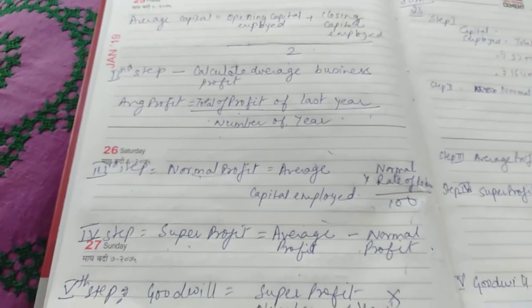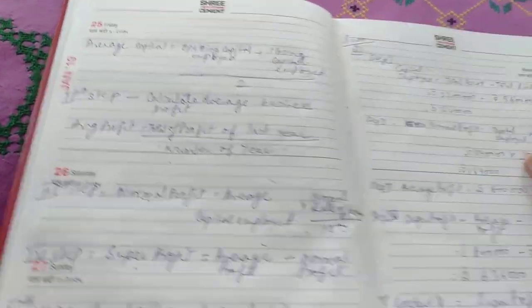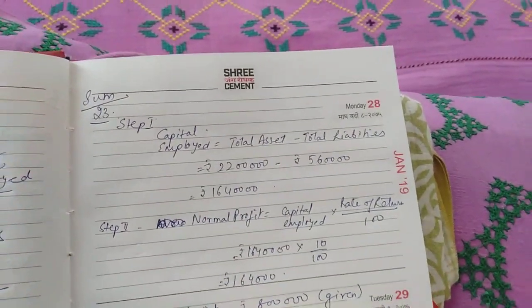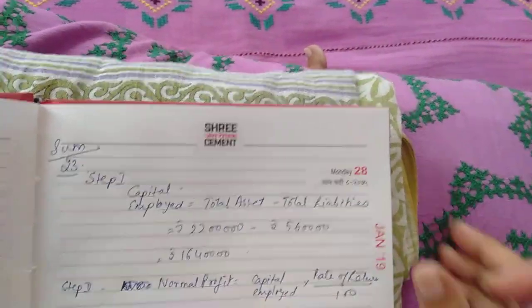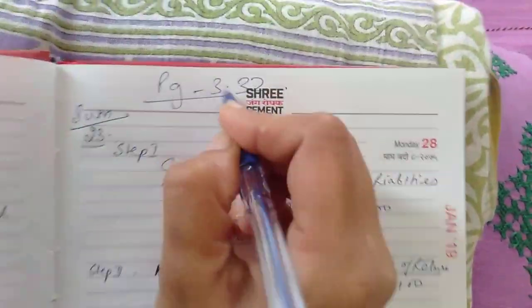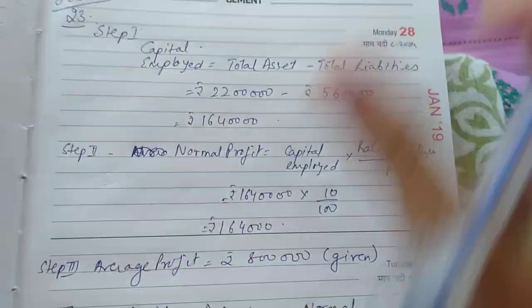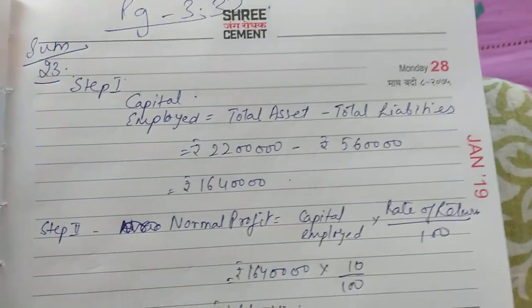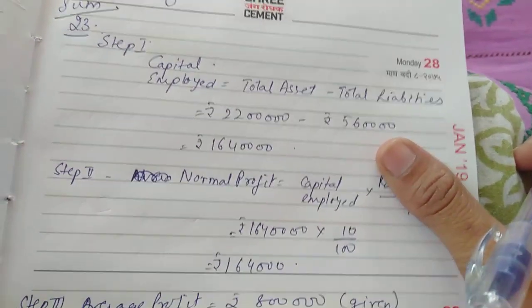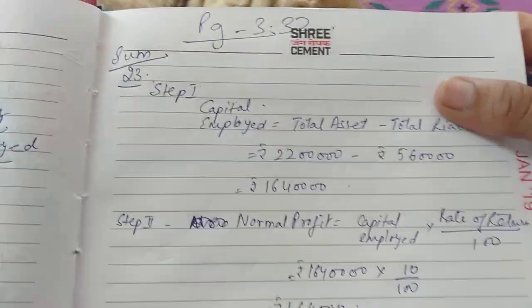Now, I'll make it more clear with the help of a sum. Sum number 23 from your book, page number 3.32. A firm earned an average profit of 8 lakh. See, in this question, average profit is already given.